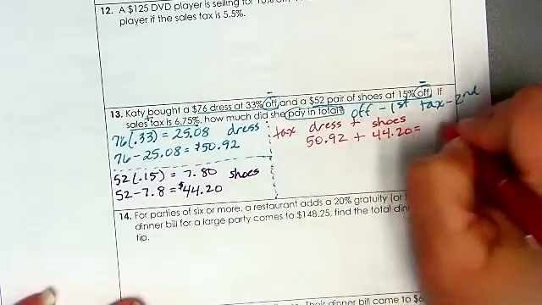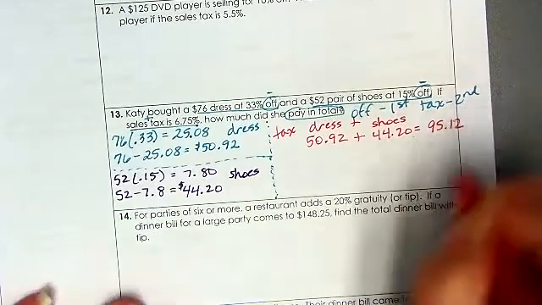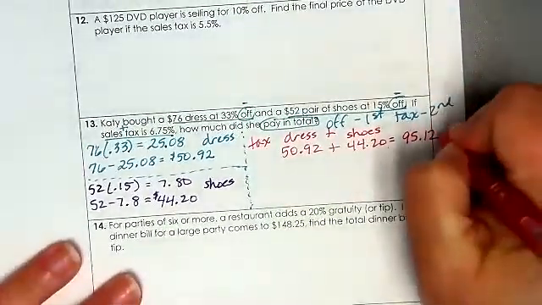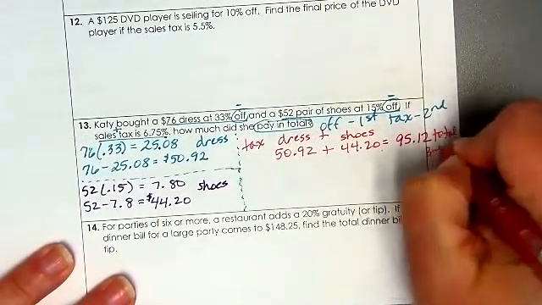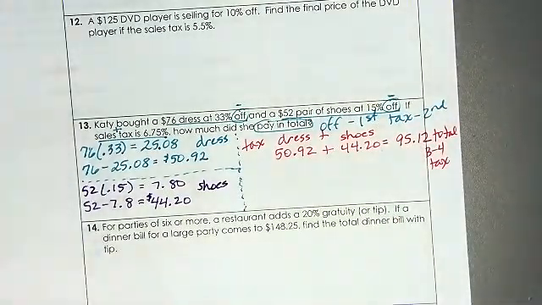And that's going to give me 95.12. So that's my total bill before tax. This is the total before tax.